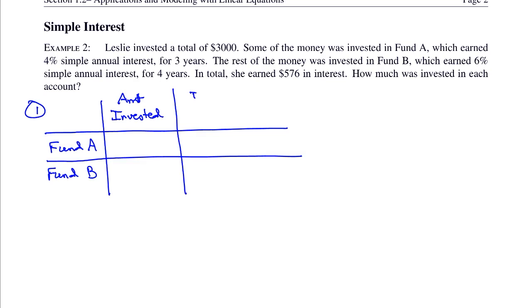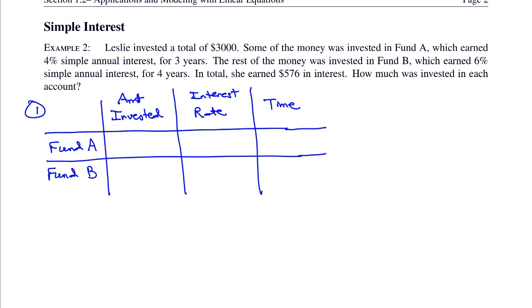Then we'll apply the interest rate to figure out how much money was earned in interest. And to do that, we also need the time. Now you should be thinking about what equation to use, and that would give us a hint about what the pieces of the table should be.